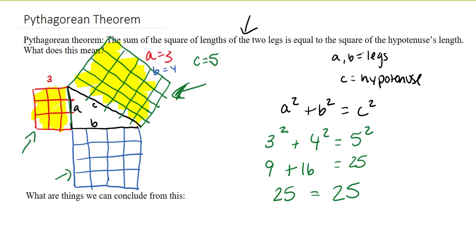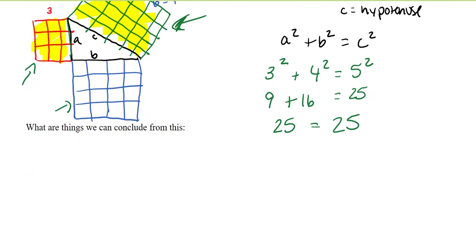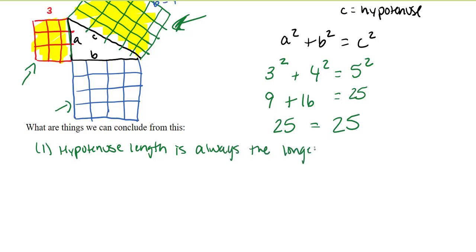Let's take note of a few things. What do we notice here? Well, this means the hypotenuse length is always the longest length. That's really important.